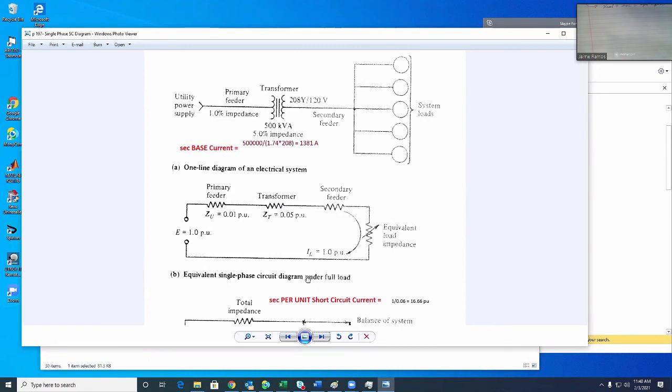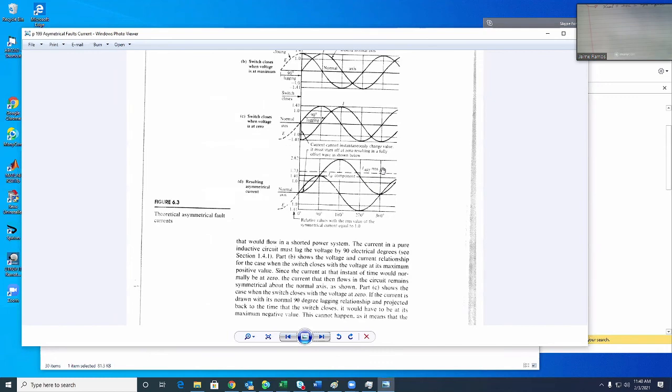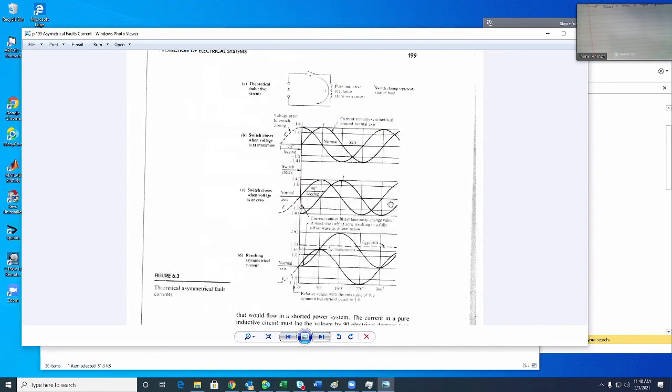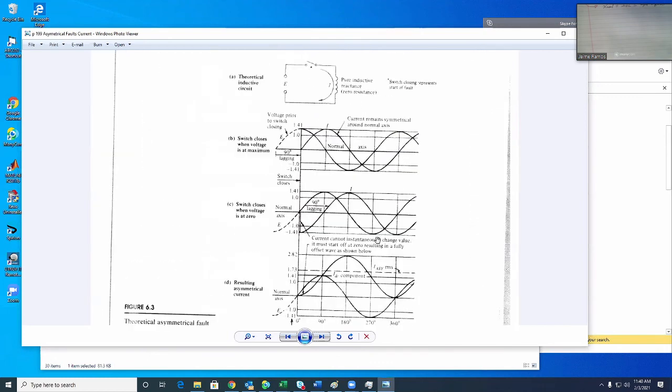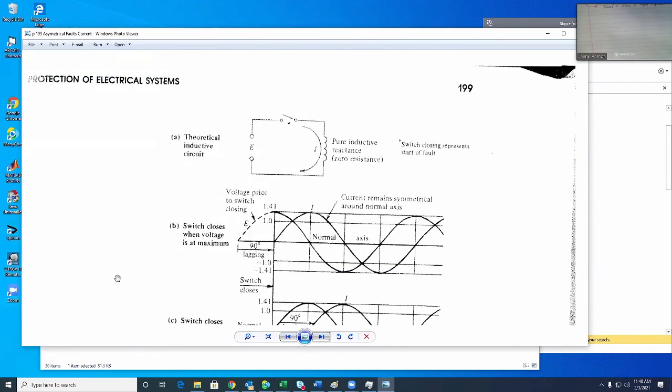Okay, so let's move to the next. Now we are going to study the transient current whenever there is a short circuit.